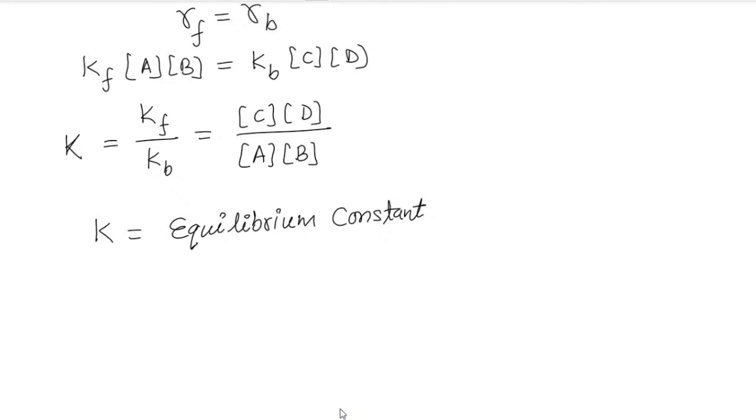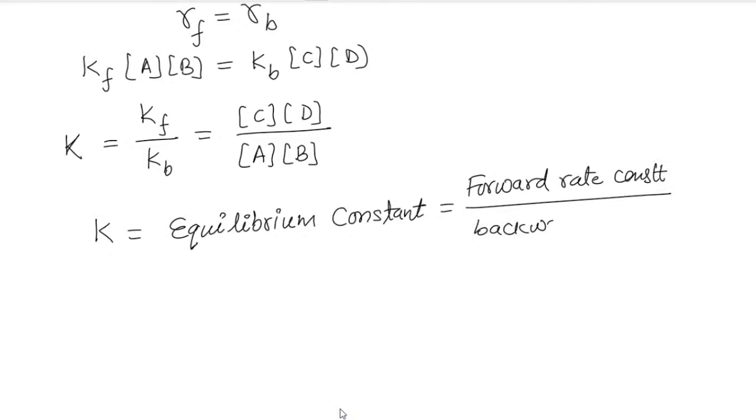So in this way, the equilibrium constant is the ratio of the forward rate constant to the backward rate constant.